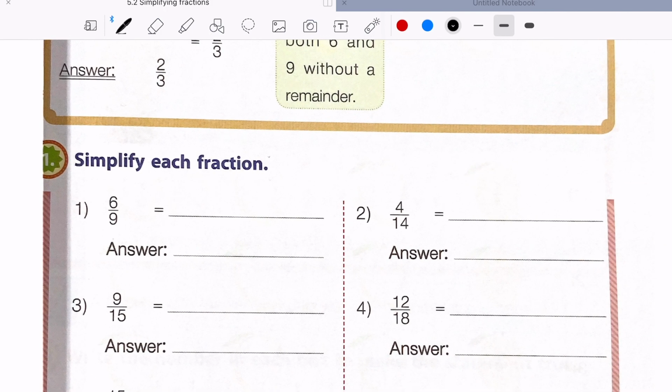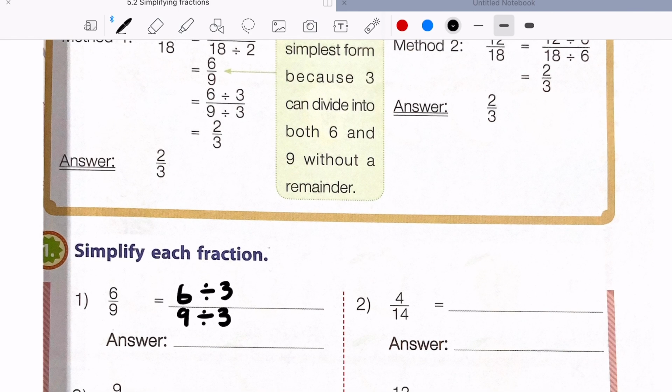So what can we divide 6/9 by? What number can we divide 6 and 9 by? It's a very common number. Is it 1? No. Is it 2? No. It's 3, right? So let's try this together. 6/9, divide by 3.